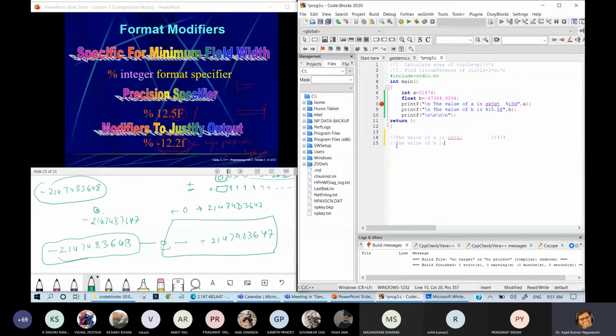How many digits are there? 1 2 3 4 5 6 7 8 9 10. So 1 2 3 4 5, followed by this, the answer will be minus 4 7 3 6 4.9894. This is the way, and one more space is there. If you run this program, this will be the output like this. Is it correct? Are you able to match both the outputs?